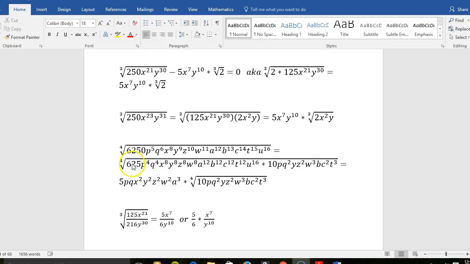So what's going to happen is that this 625 should come out as a 5. And by the way, guys, all these variables are assumed to be positive, and we're going to do the fourth root and the fourth power. We're not doing cubes or cube roots anymore. If I said the word cube root a minute ago, forgive me, I should have said fourth root, because in this video we're talking about fourth roots.